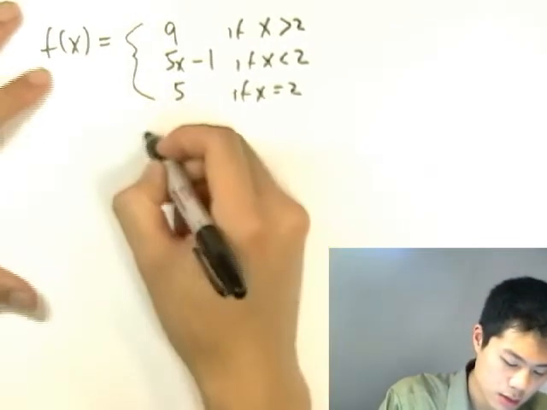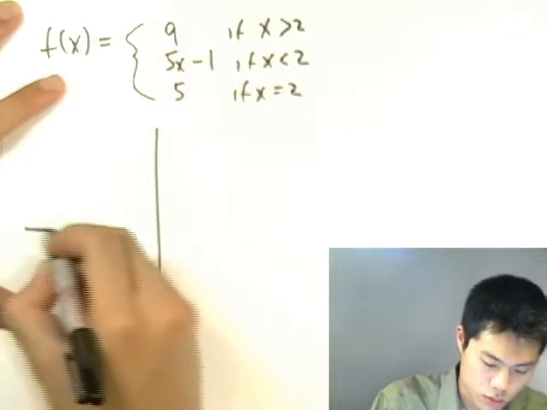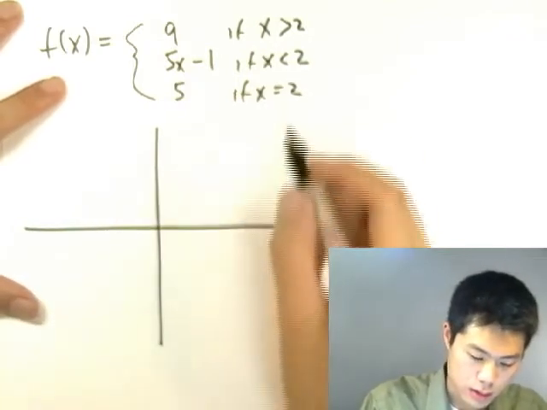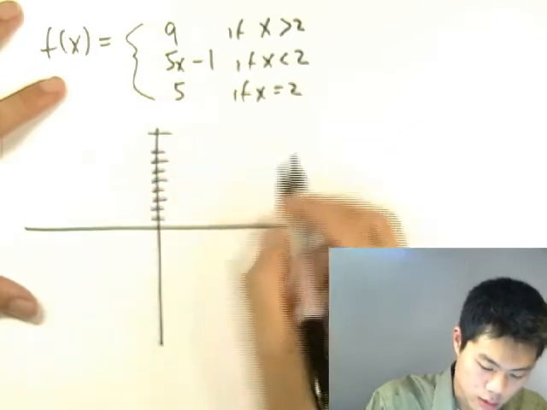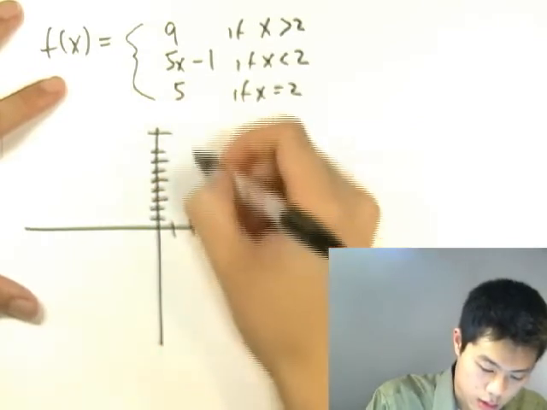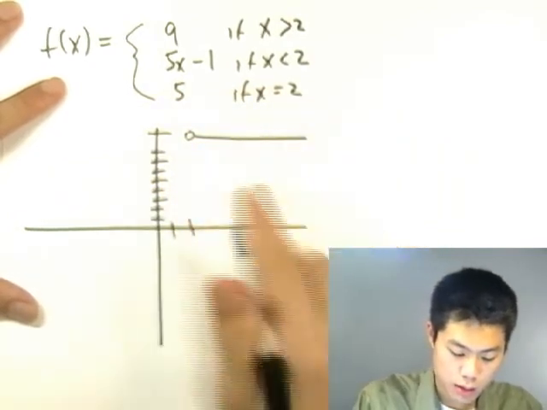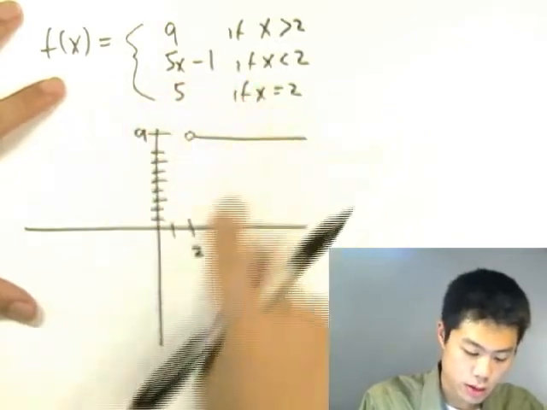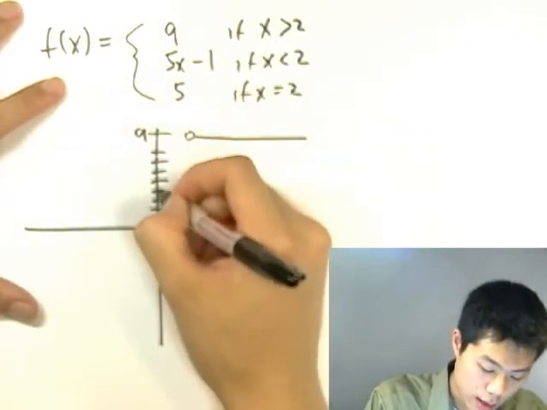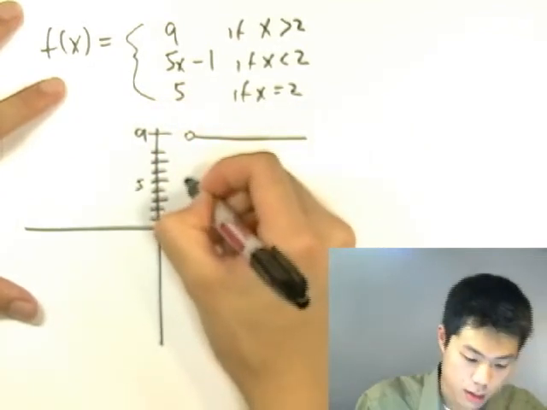Okay, so you know what? Let's draw this function out. So we see that if x is greater than 2, f of x is always equal to 9. At x equals 2, f of x is equal to 5, so let me draw a dot there.